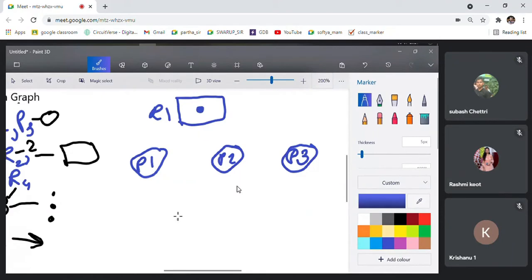So I have been given resource R2, and I have two copies of resource R2. I have been given R3, and I have only one copy of resource R3.